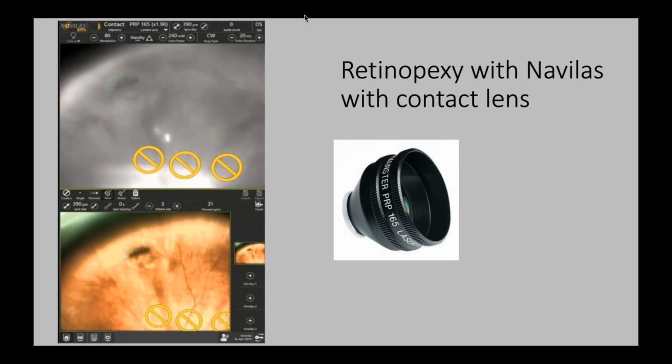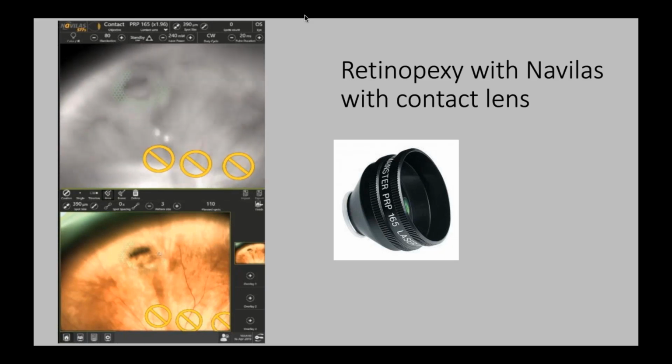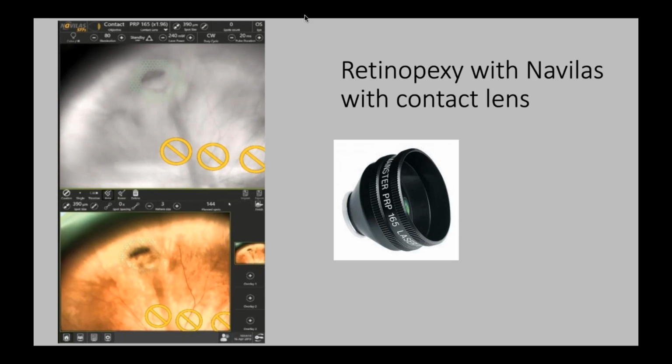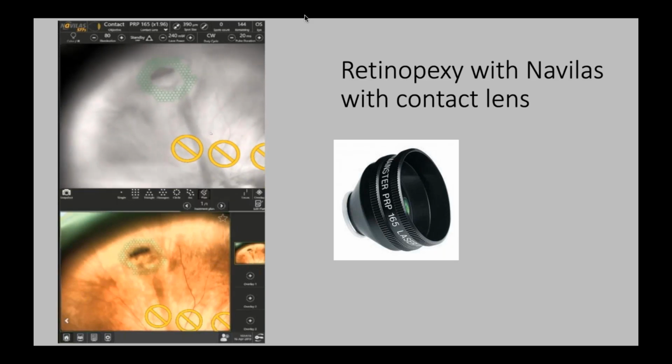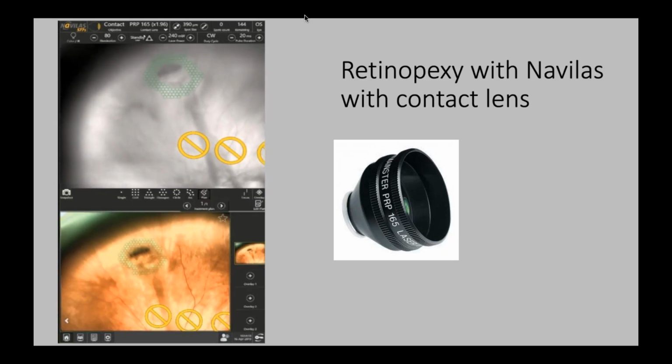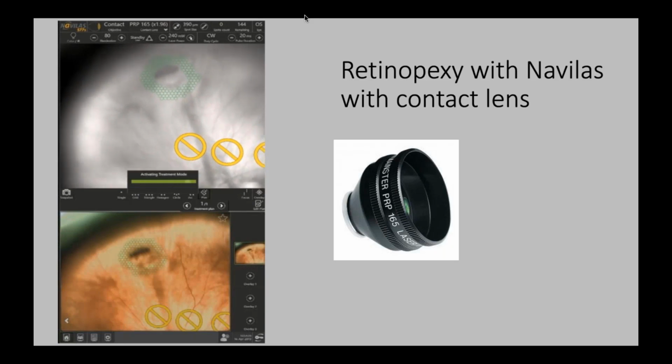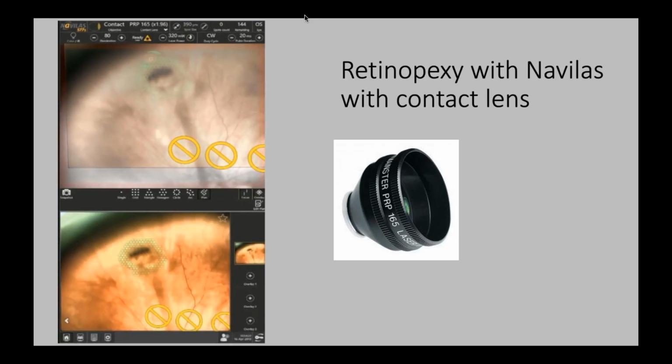As shown here, the treatment plan is seen directly on the live infrared image at the same time as well. The laser settings are adjusted and a few initial laser burns are applied.